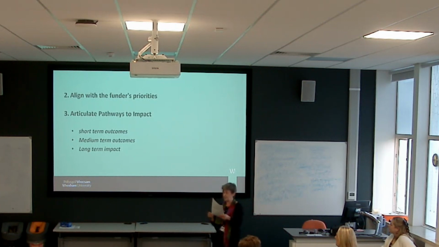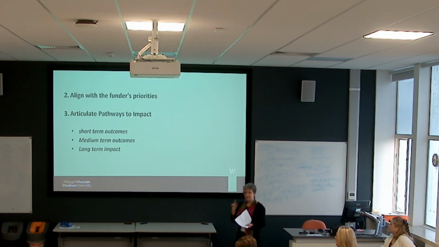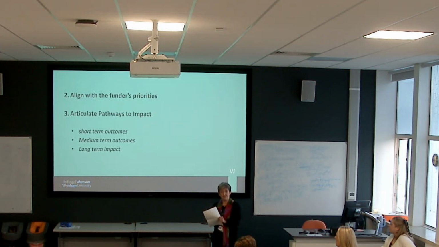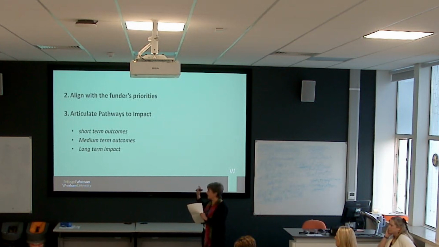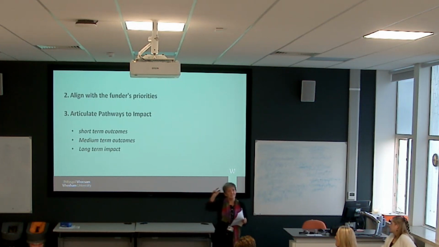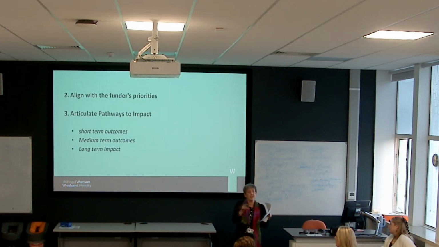Medium-term outputs include development of new tools, resources, new practices. Again, not completely impact yet, getting there, a bit further on. So what you need to do is take those tools and put them into practice, and once they're in practice and you can measure that impact as a result of those tools, that's where your impact is.